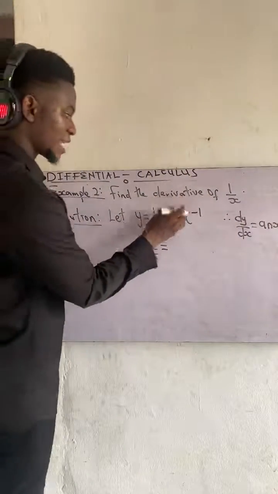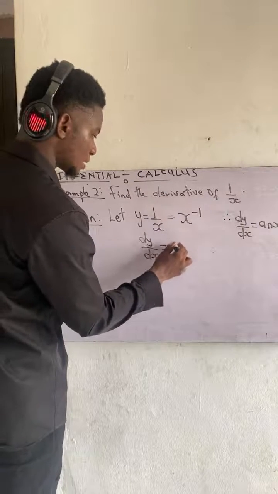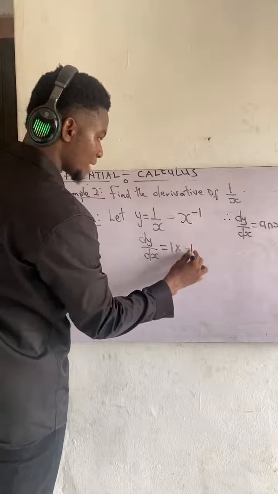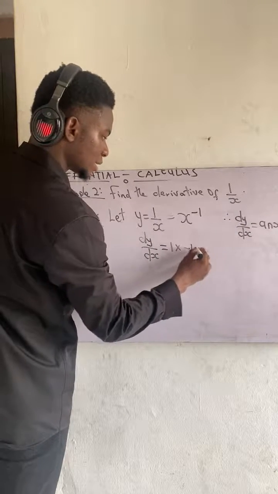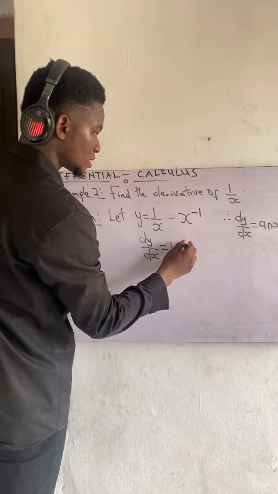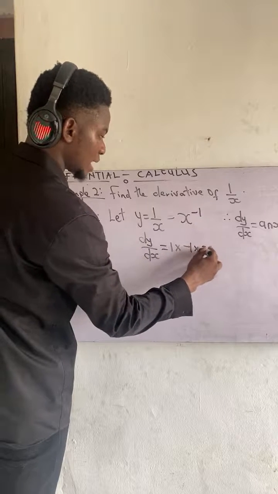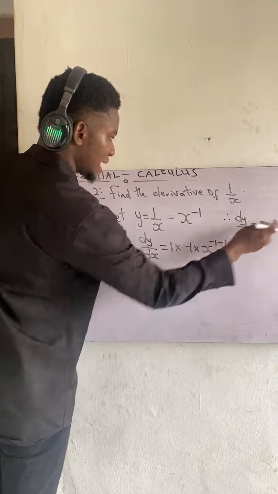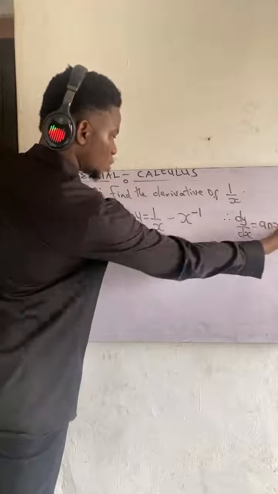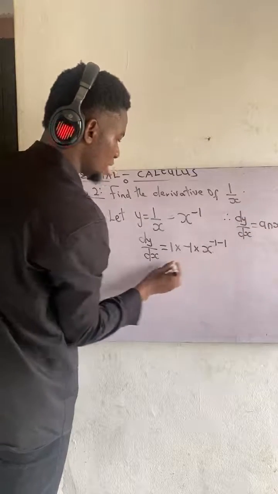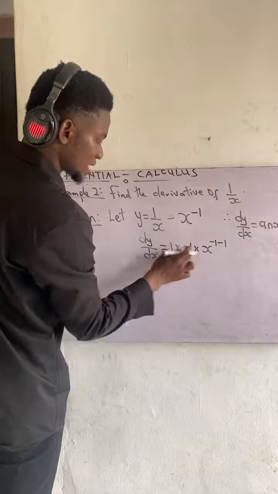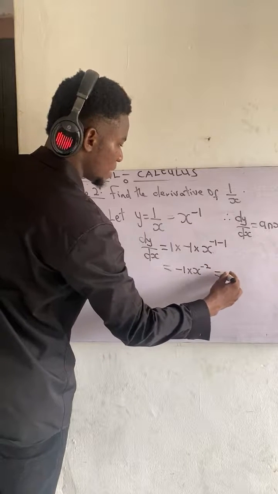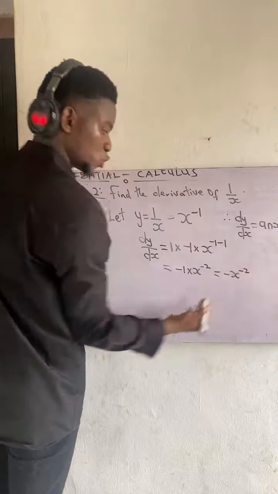So the coefficient of x here is 1, that will be 1 times the power of x here, which is minus 1, times x raised to power minus 1 minus 1. n is minus 1 and the minus 1 that is here. So this would be equals to 1 times minus 1 is minus 1, times x raised to power minus 2. This can be minus x raised to power minus 2.